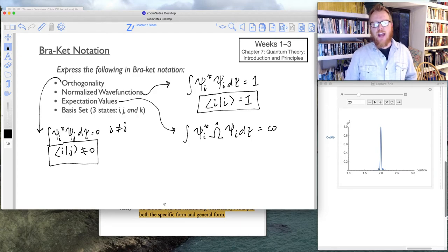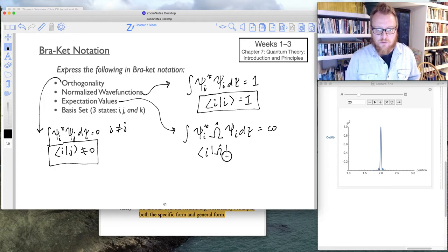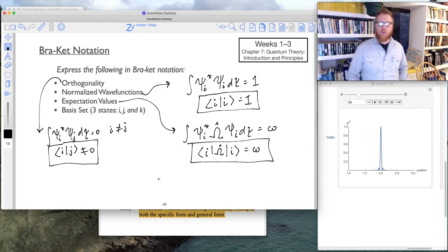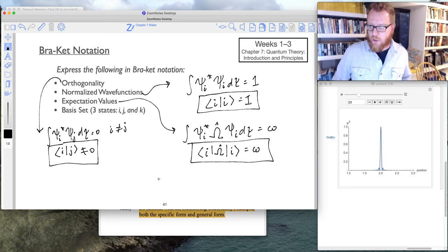Now I have to change this up just a little bit to write this in bra-ket notation. Here's how I do it. I write the complex conjugate in a bra, I make the operator sandwich like so, I put i in a ket, and that all equals lowercase omega. So that's how I could express the expectation value using this shorthand Dirac notation.